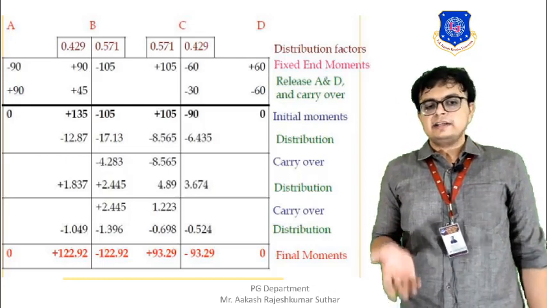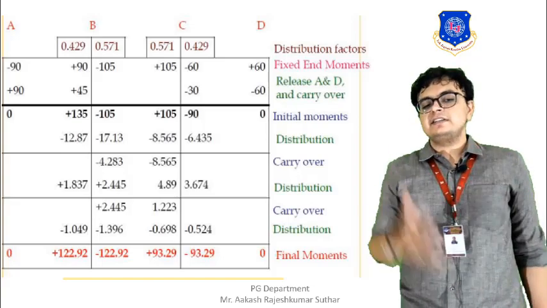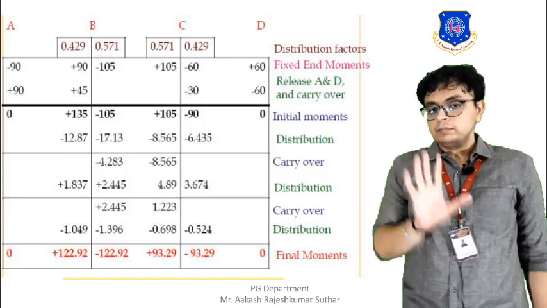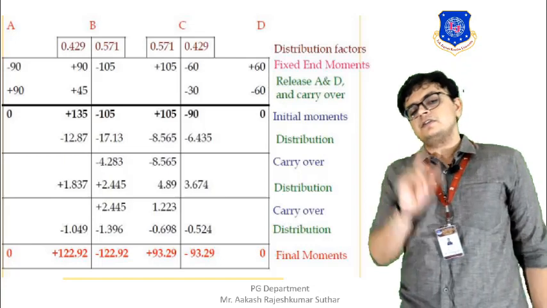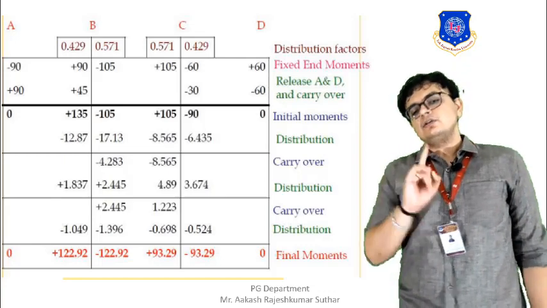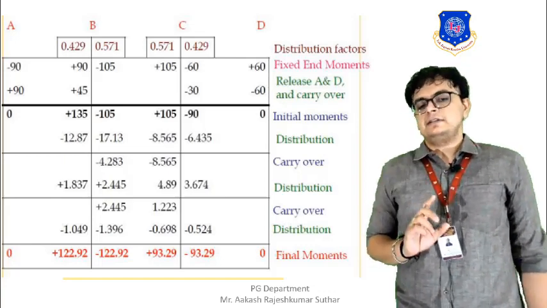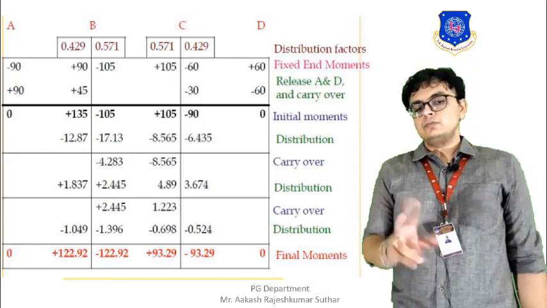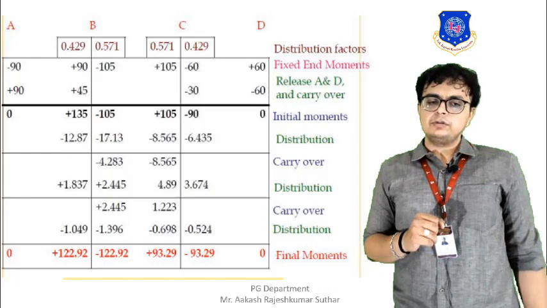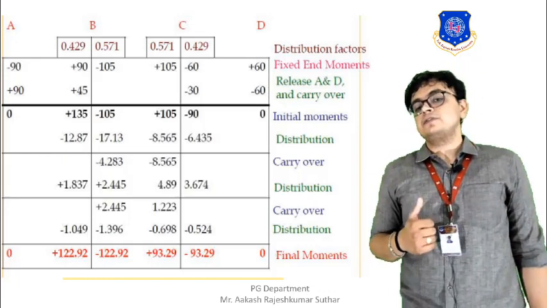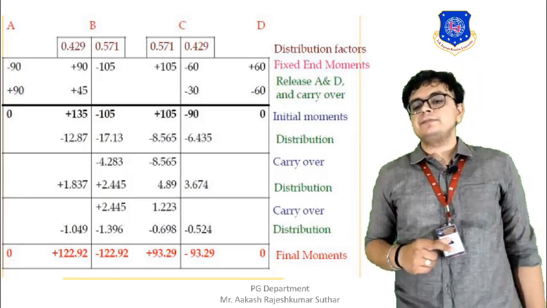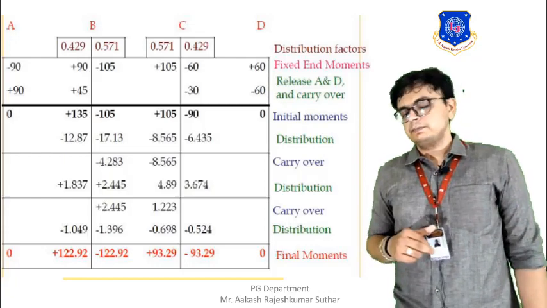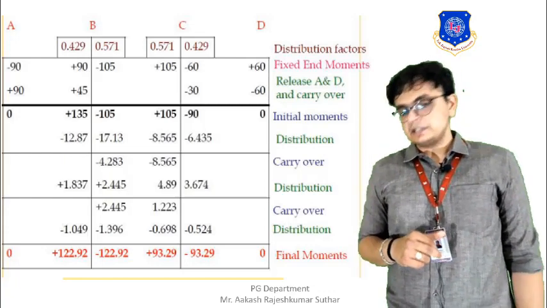So if you are getting the same value on the left hand side and the same value on the right hand side, with just a change of sign, then your calculation is perfect. But if you are not getting the same value on both the sides, then you have to perform the steps of calculation again, because there will be some mistake.